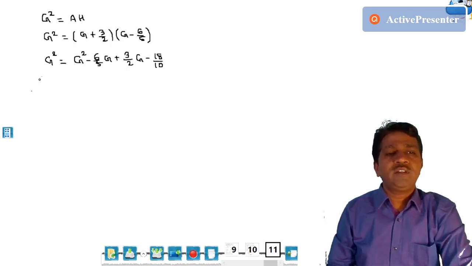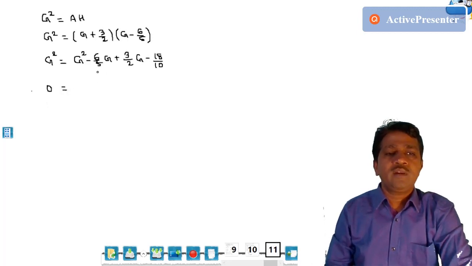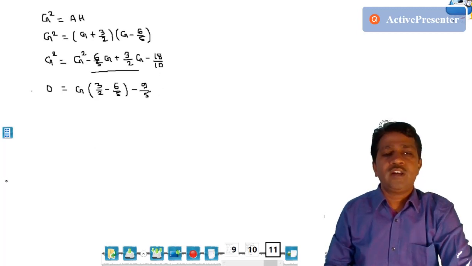G² and G² on both sides get cancelled, so on the left side remains 0. From these two terms G can be taken common, and in the bracket remains 3/2 − 6/5. This is nothing but 9/5 divided by 2 in the numerator and denominator.